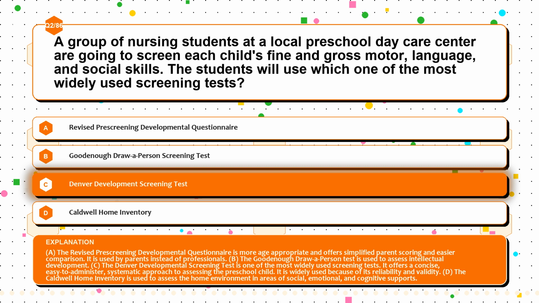The Denver Developmental Screening Test is one of the most widely used screening tests. It offers a concise, easy-to-administer, systematic approach to assessing the preschool child. It is widely used because of its reliability and validity. The Caldwell Home Inventory is used to assess the home environment in areas of social, emotional, and cognitive supports.